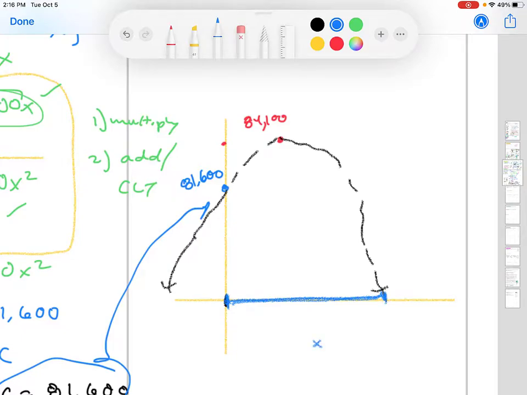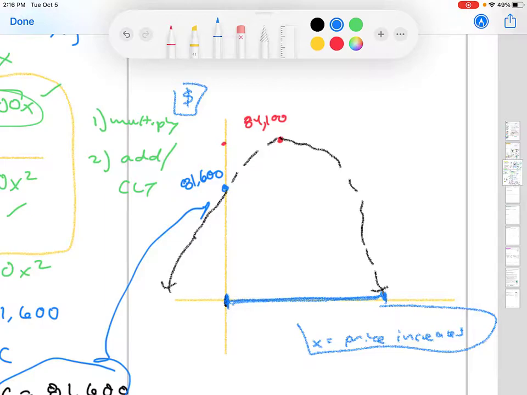So X represents the number of price increases, and this represents over here money, right? 84,000. Okay, so you can't have negative. That's the reason why I don't have anything over there. X for nothing over there.